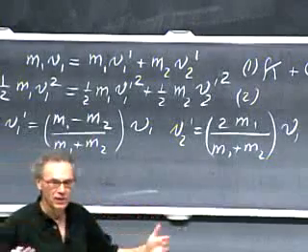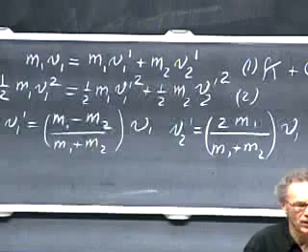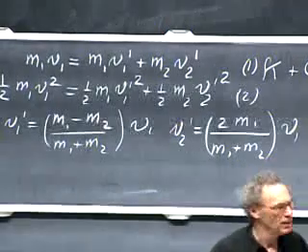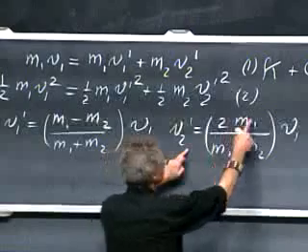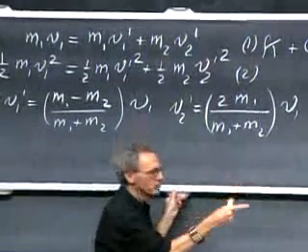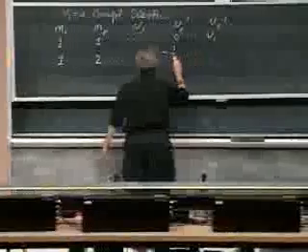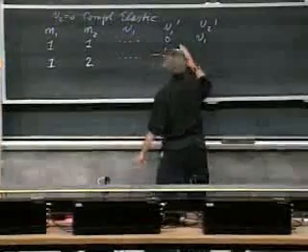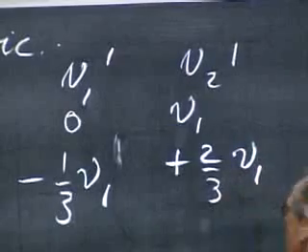No surprise. If you bounce a lighter object off a more massive object, no surprise that it bounces back. So that's minus 1/3, and when we look here, we have 2 times 1 divided by 1 plus 2 is 3, that is plus 2/3. So number 1 will come back with a speed 1/3, which of course, since this is sign sensitive, we get minus 1/3 v1, and this one is plus 2/3 v1.